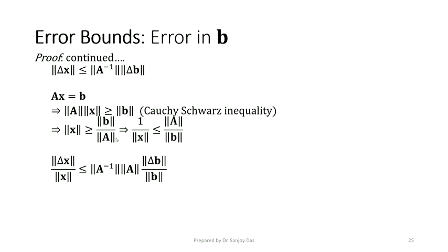So norm of delta x divided by norm of x is less than or equal to norm of A inverse, norm of A, norm of delta B over norm of B. What is this here? That's the condition number of A. So we established this relationship, and that's what we wanted to prove.